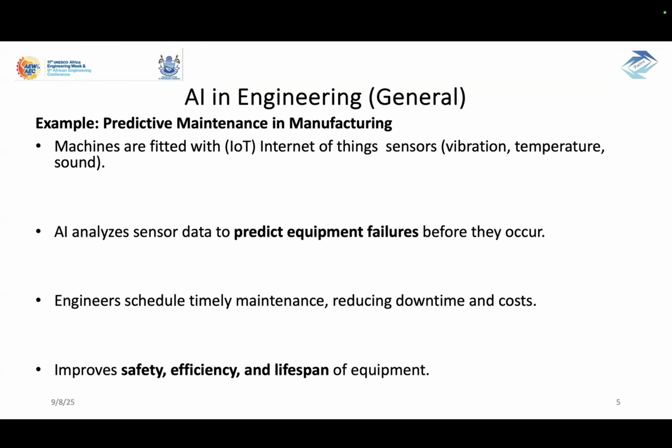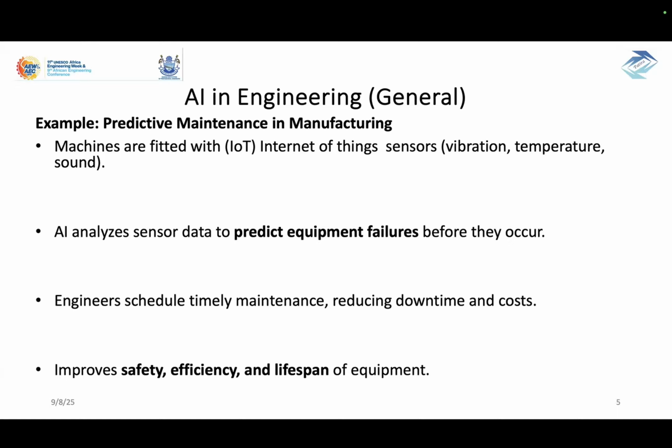If you have historical data, say 20 years, then models can predict failures before they occur. That helps engineers set timely maintenance, reducing downtime and cost. In the process, you're improving safety, efficiency, and the lifespan of the equipment.